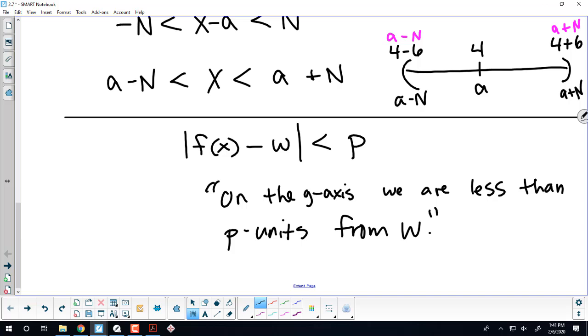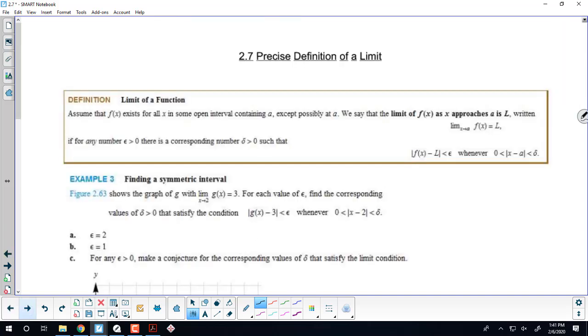Okay then, so with that in mind, we'll look at the definition of the limit now, here in the box. So it says that f of x exists for all x in some open interval containing a, except possibly at a. That was sort of already present when we defined a limit initially. We say that the limit of f of x as x approaches a is equal to L. Again, we've seen that notation.